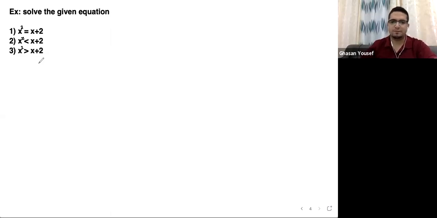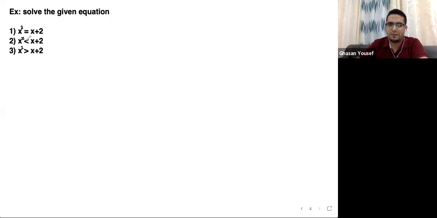Yesterday, last class, we learned how to graph the x square only. This is a power function. We made a table and chose random points, and it looked like a parabola or a cup. We graphed this one in the previous class.